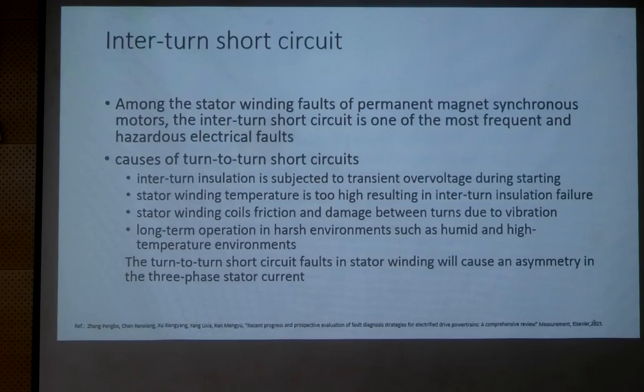Even under harsh environments, humid and high temperature environments when the machines are operating, this kind of thing may happen. Also, turn to turn short circuit faults in stator winding cause asymmetry in the three phase stator current also.